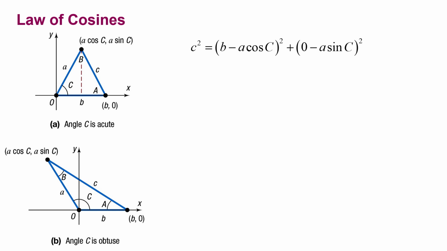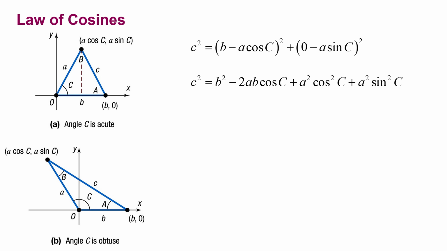Now simplifying, we have side C squared equals side B squared minus 2 times side A times side B times cosine of the angle C plus side A squared times the square of the cosine of angle C plus side A squared times the square of the sine of angle C.